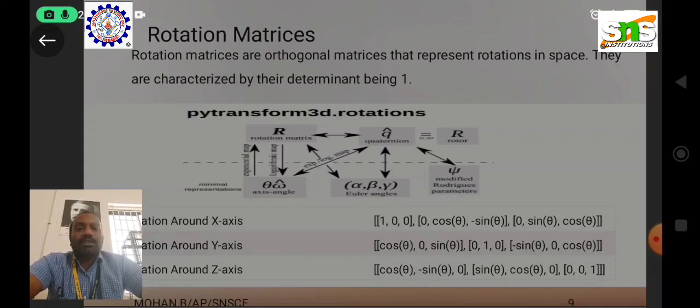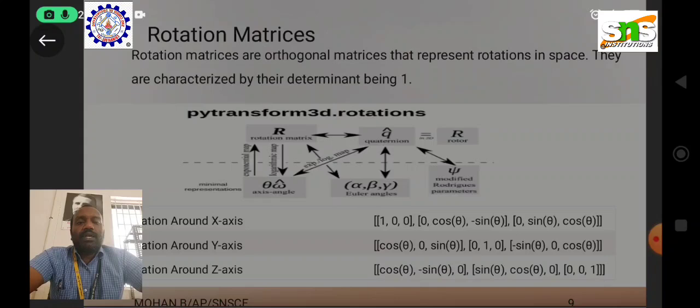Then the rotation around the y-axis is cos theta 0 sin theta, the second row 0 1 0, and the third is minus sin theta 0 cos theta. In this way, the z-axis is cos theta minus sin theta 0, sin theta cos theta 0, 0 0 1.